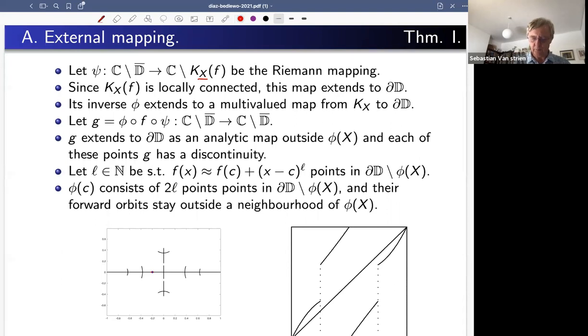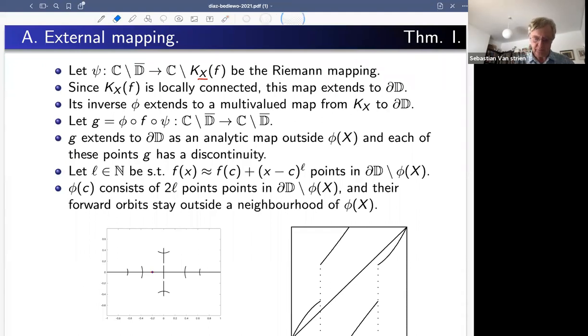Now we can take the complement of this compact set and take this Riemann mapping between these two spaces. This map actually extends to the boundary of D because Kx is locally connected. In fact, there will still be some inverse of this map, but it's a multivalued map.